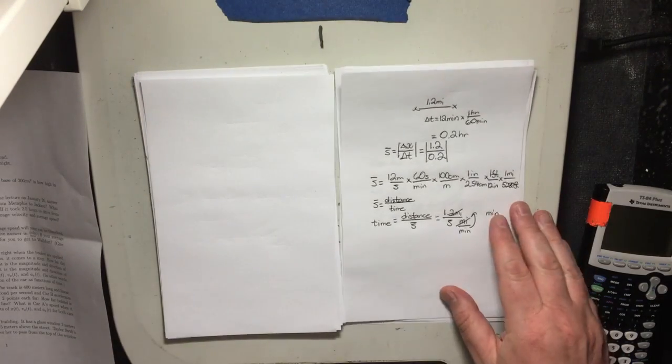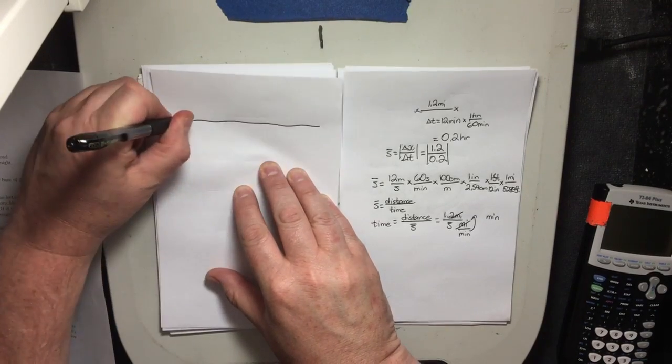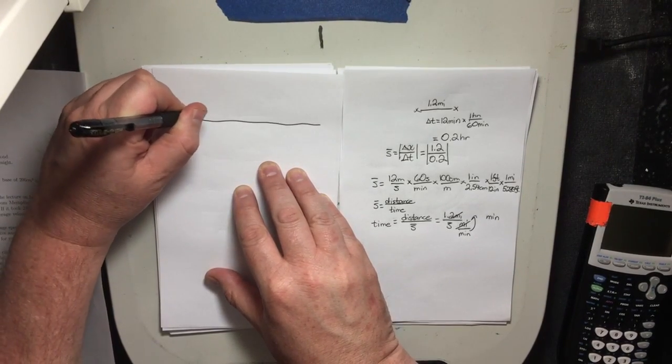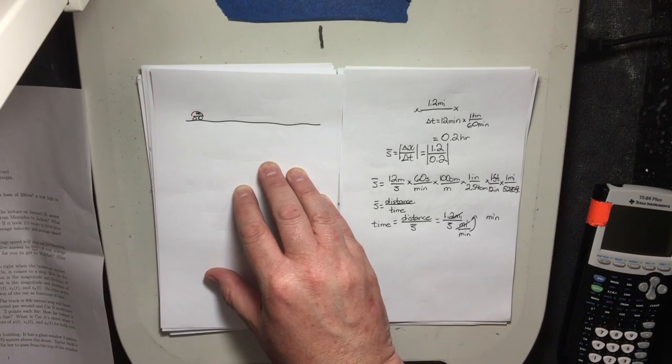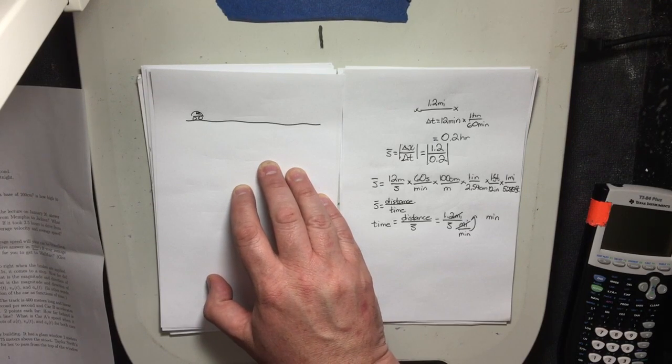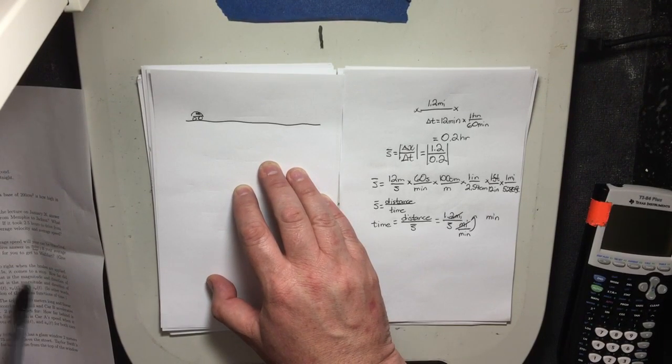All right, so number 9. Number 9 is a one-dimensional motion problem. A car is traveling 80 meters per second from left to right when the brakes are applied. We've got a car. This is a picture of my car. Don't make fun of my car. This is not art class. It's traveling 80 meters per second when the brakes are applied.